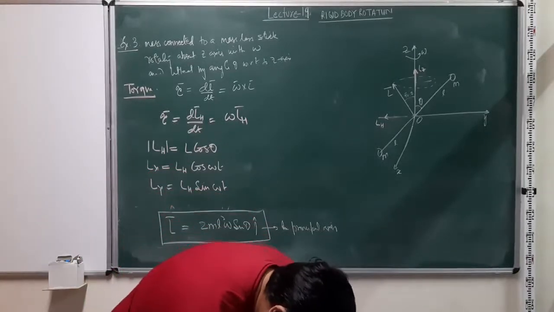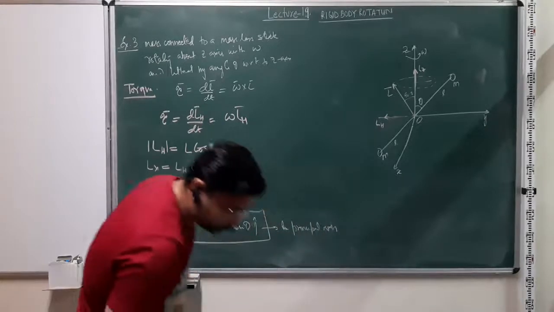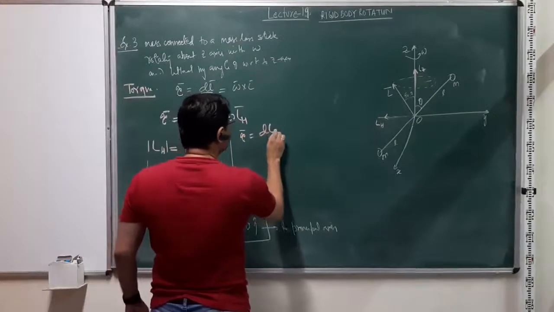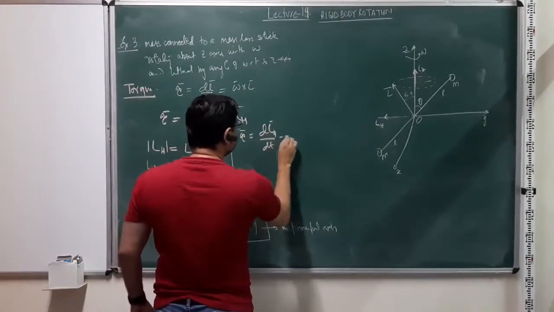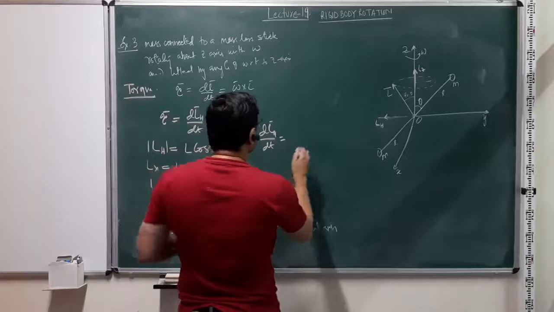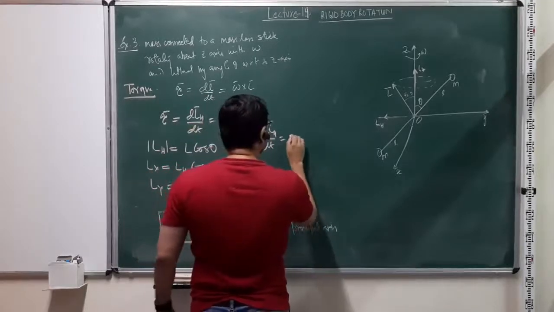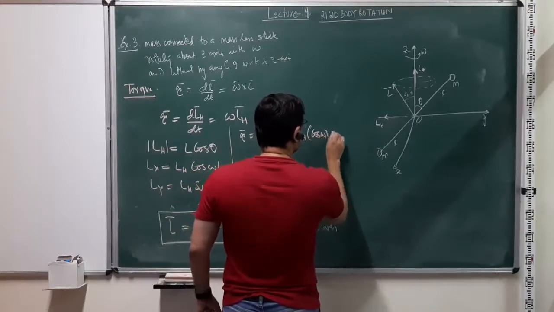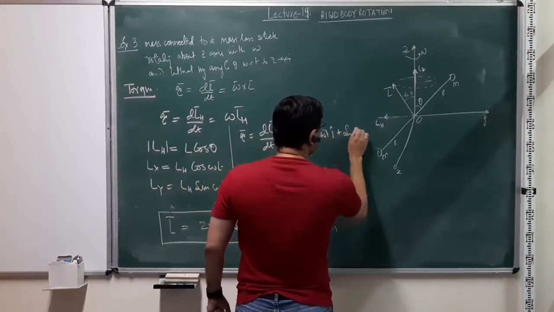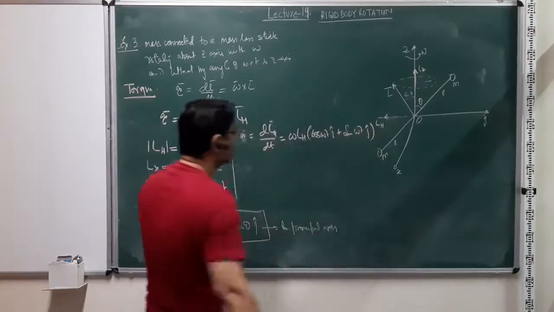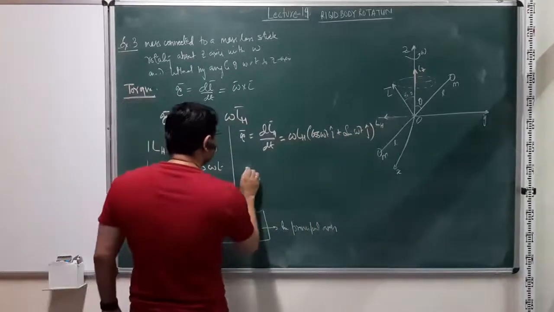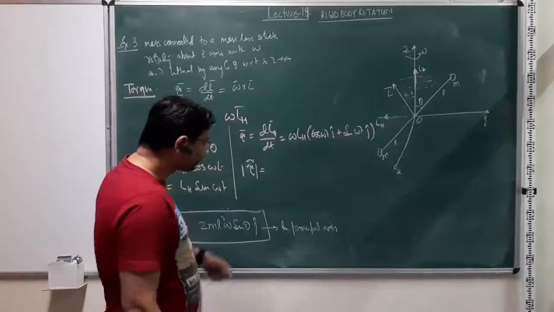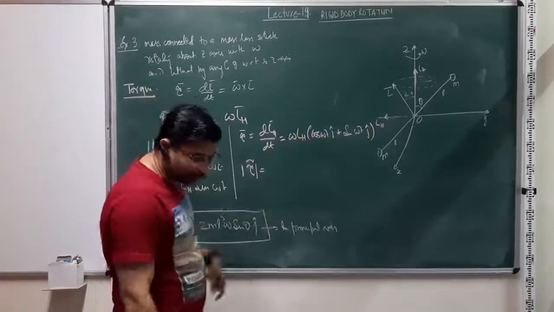So now I can write down the expression for torque. The torque tau is dLH over dt, which is nothing but omega times LH, so omega LH times (cos omega t i cap plus sin omega t j cap), right? So this is the torque, and its magnitude can be found by getting these components and then squaring and adding.